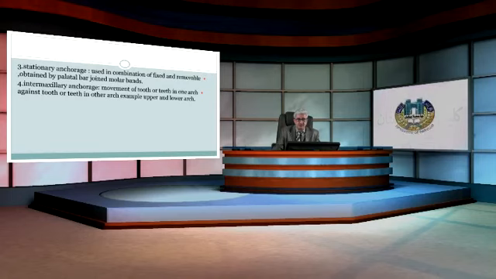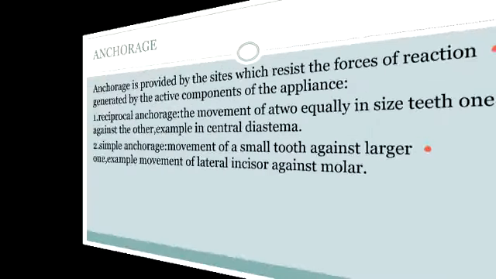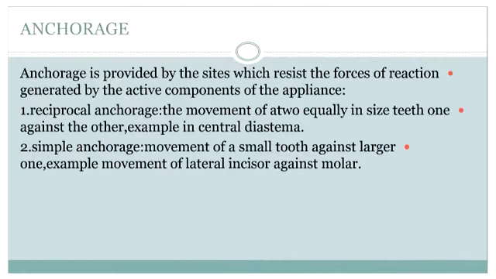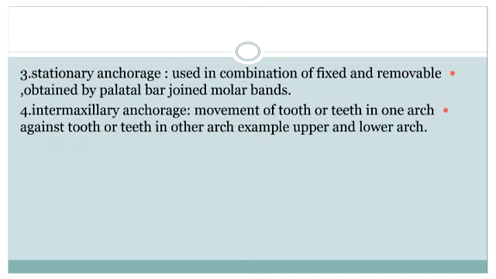Stationary anchorage. There are three types of anchorage: the first reciprocal, the second simple, and the third stationary anchorage, used in combination of fixed and removable, obtained by a palatal bar joining molar bands and when using a fixed orthodontic appliance.